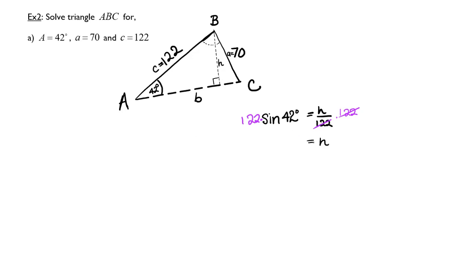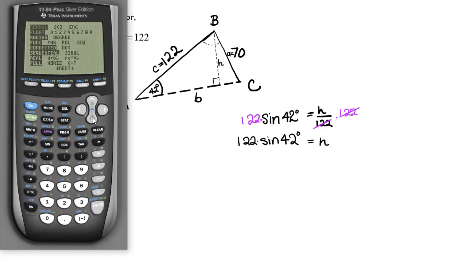So h is equal to 122 times the sine of 42 degrees. Put your calculator in degrees. Multiply 122 times sine of 42. That means the height is 81.633. We'll just round it to full numbers, so 82.